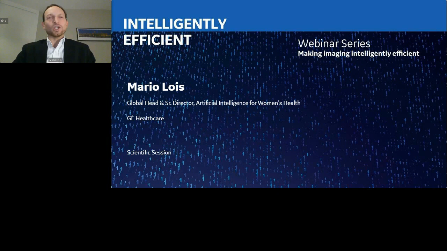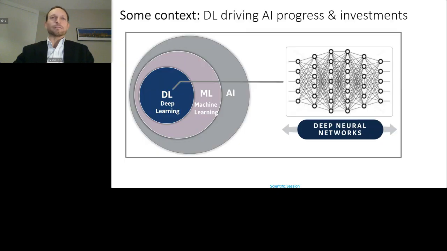With that, I want to give a little bit of context, just 3 slides to set the stage on what we're going to be talking about. The first one is: what is deep learning? Deep learning is a subset within machine learning, and machine learning itself is a subset within the broader AI space.